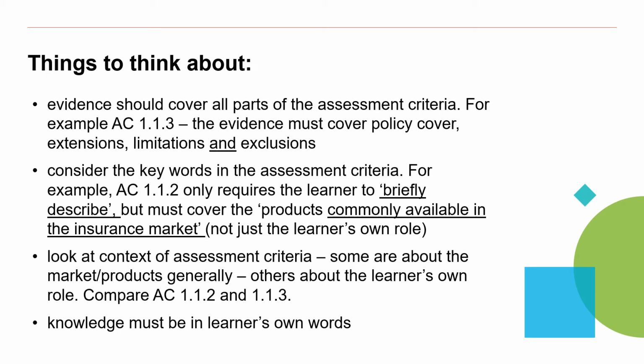Some are about the markets or products generally, others are about the learner's own role. Perhaps compare assessment criteria 1.1.2 and 1.1.3. And of course remember that knowledge must be in the learner's own words. These assessment criteria examples are the main ones where centres have often not quite been successful.